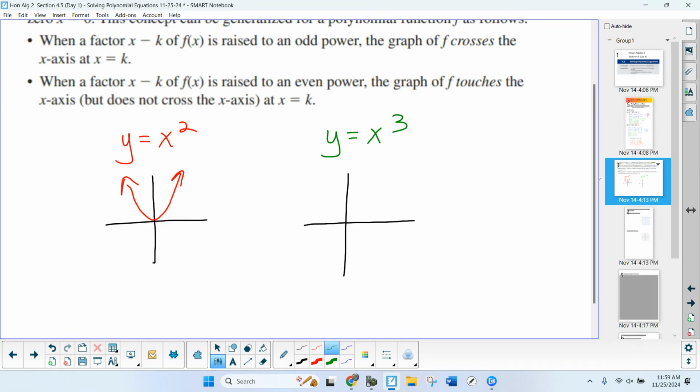Have we learned that enough yet? Do you remember how it comes and bends right there and goes up? So an odd multiplicity is going to bend at the 0. Even multiplicity touches and goes back up or touches and goes back down. Okay? So that will help us when we go to sketch graphs.